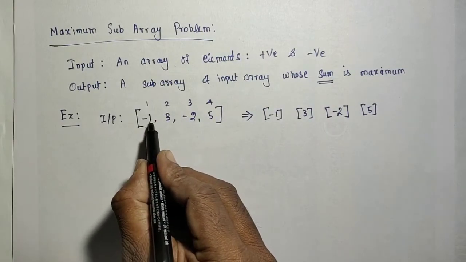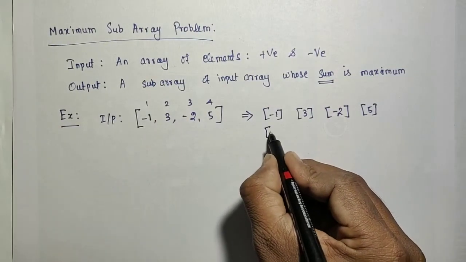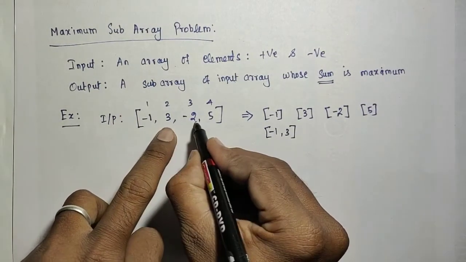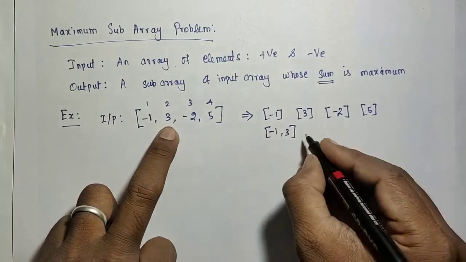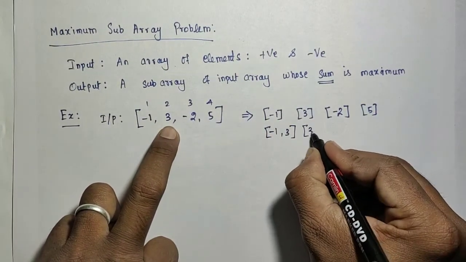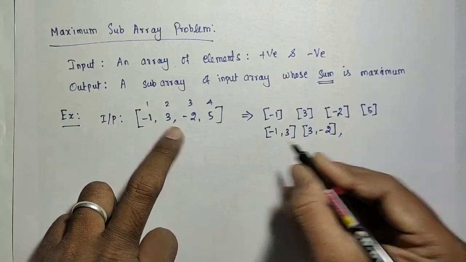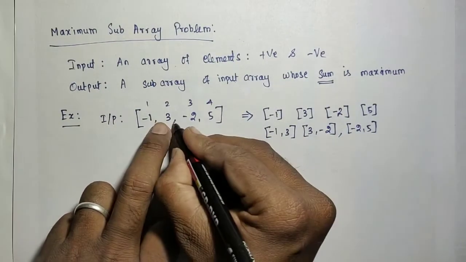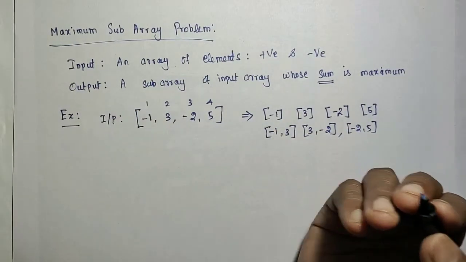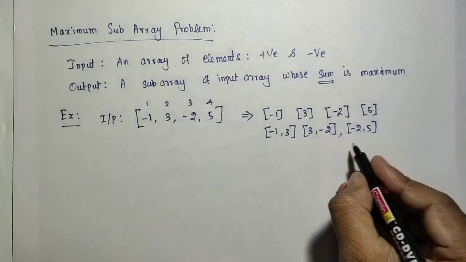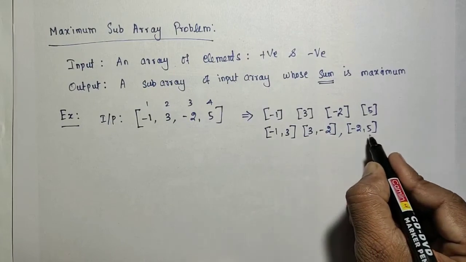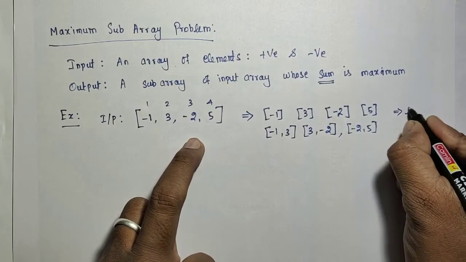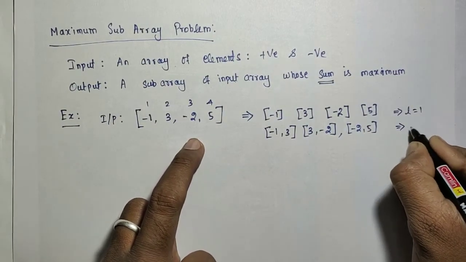We can say -1, 3 as one subarray, and 3, -2. These continuous two are considered a subarray: 3, -2, and -2, 5. Be clear, 3, 5 cannot be called a subarray. Subarray means continuous. So these are the possible subarrays with length equal to 2.